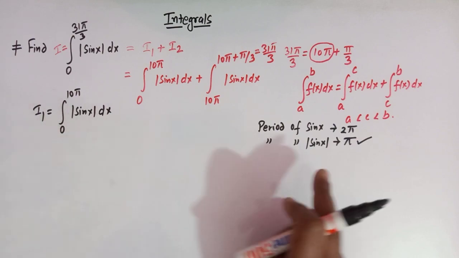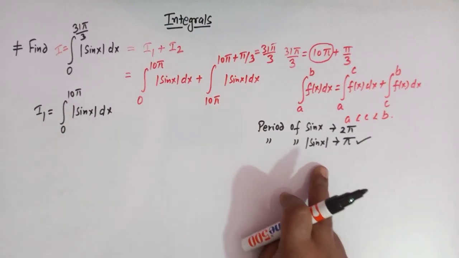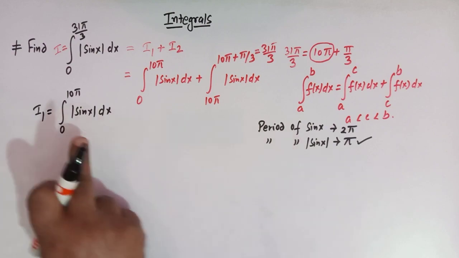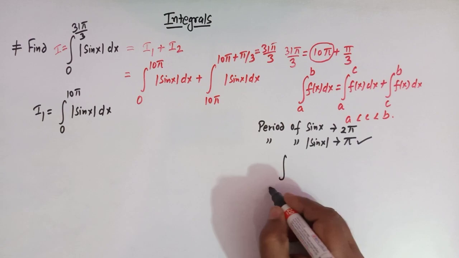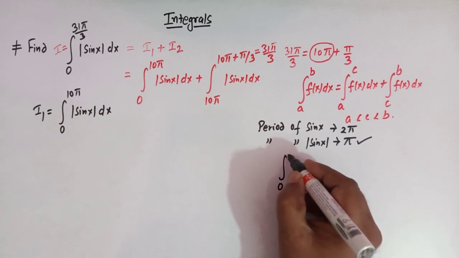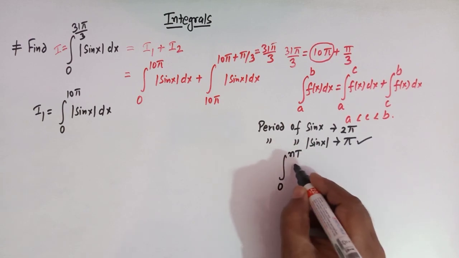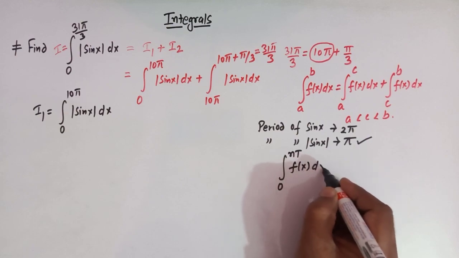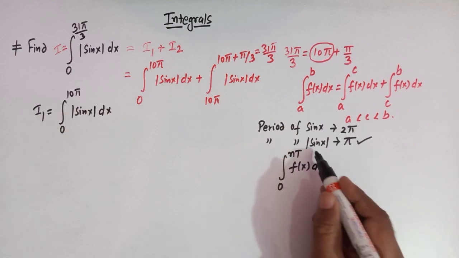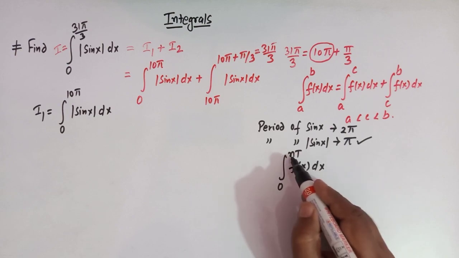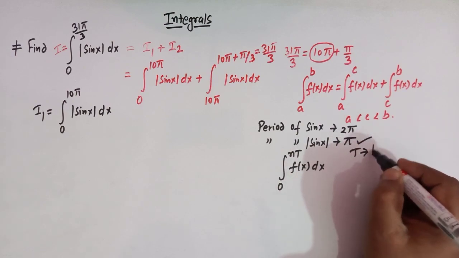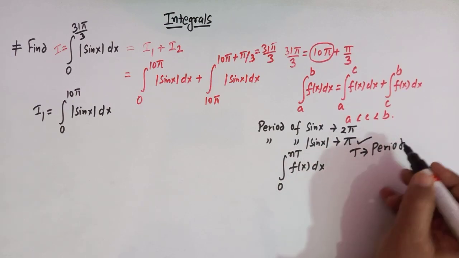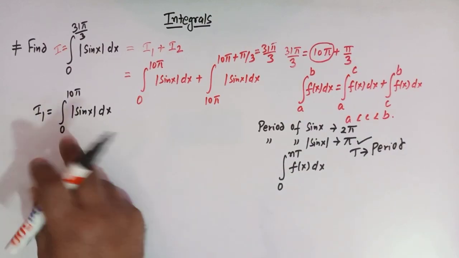Here we'll mention one property of definite integrals which is used to evaluate this integral. If we have an integral of the type 0 to nT of f(x) dx, where n is some number and T is the period, then we compare it with our integral.